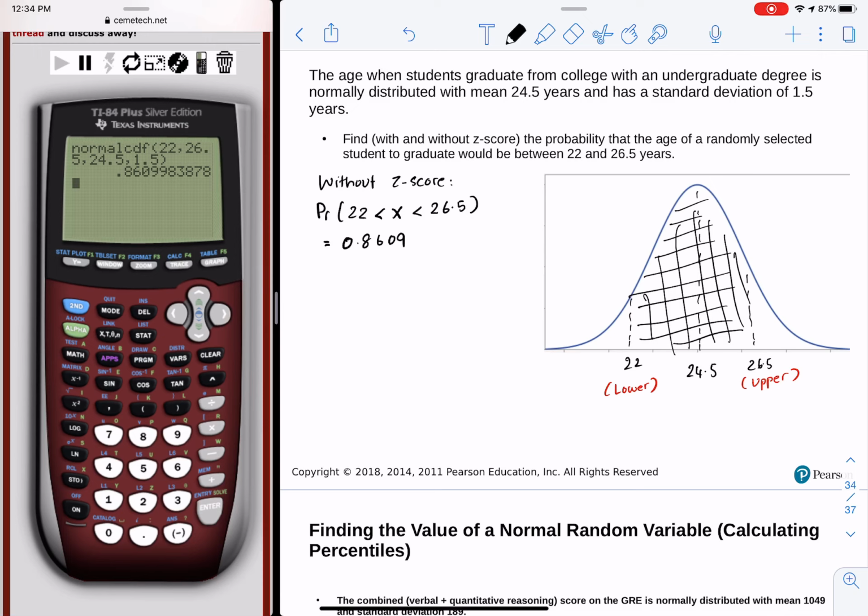Now, with the z-score, this is going to be extra work because we want to find the z-score for 22, and we want to find the z-score for 26.5. So the z-score of 22 can be found using that formula x minus mu over sigma, which is 22 minus 24.5 over 1.5.